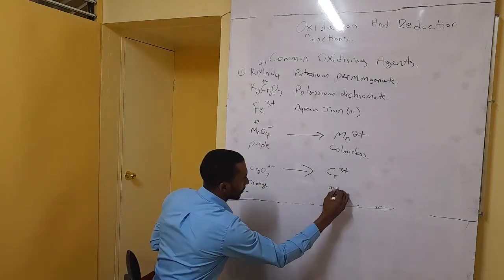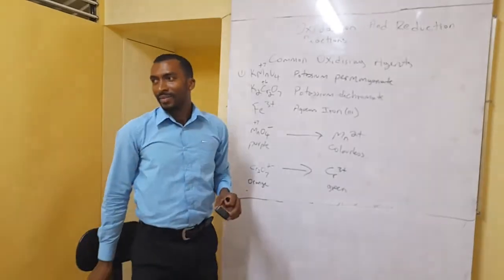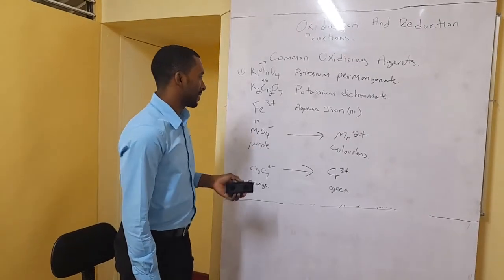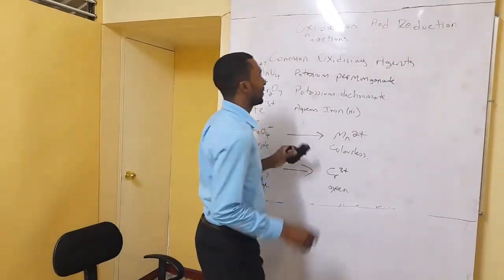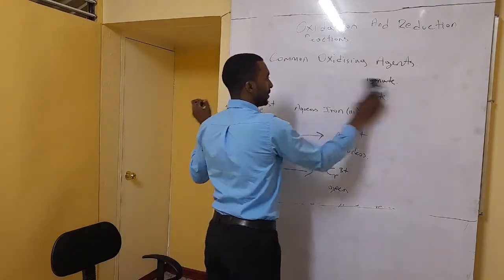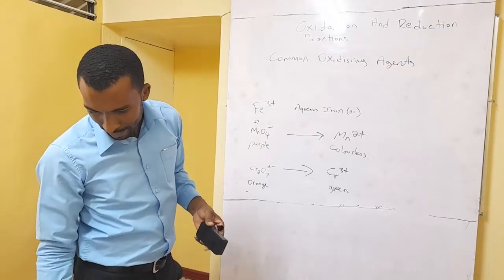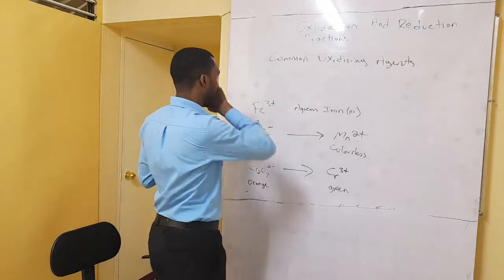This is green. Alright. Miss Sparks, from qualitative analysis, if Fe3+, what's the color of Fe3+? Yellow brown. Good. From yellow brown to? Good.